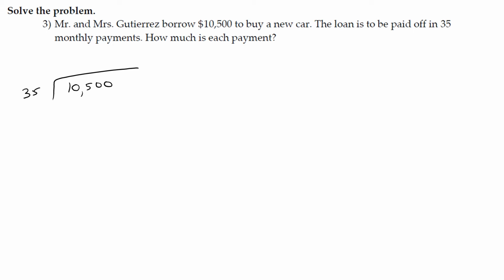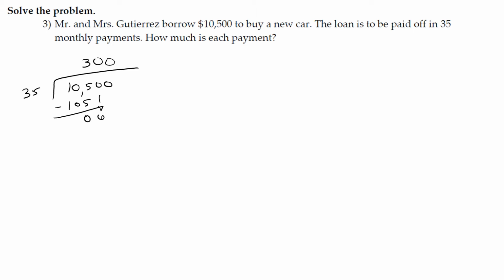35 will not go into 10, but 35 will go into 105. So 105 divided by 35 is 3. Multiply back. 3 times 35, that's going to be 105, which leaves 0. 35 will go into 0 zero times, bring down our next 0. 35 goes into 0 zero times there.